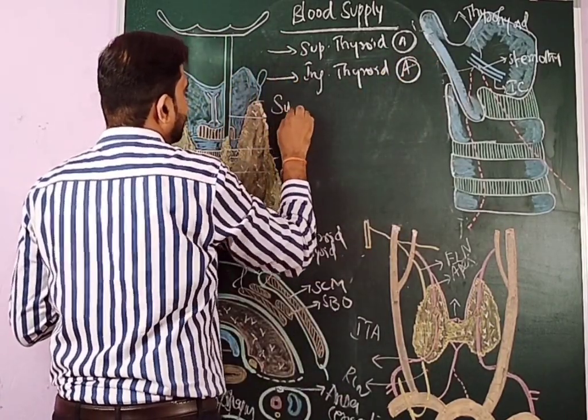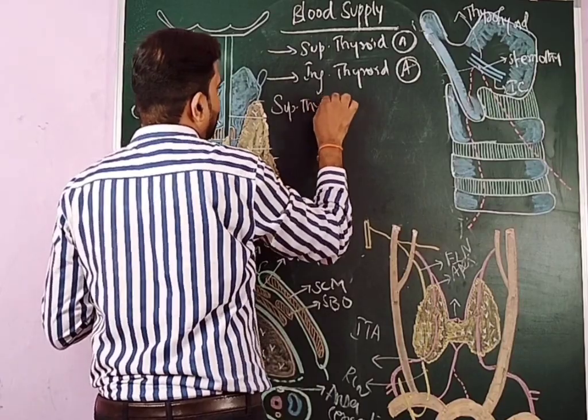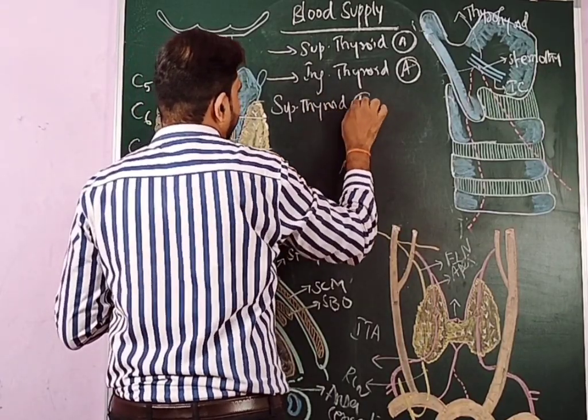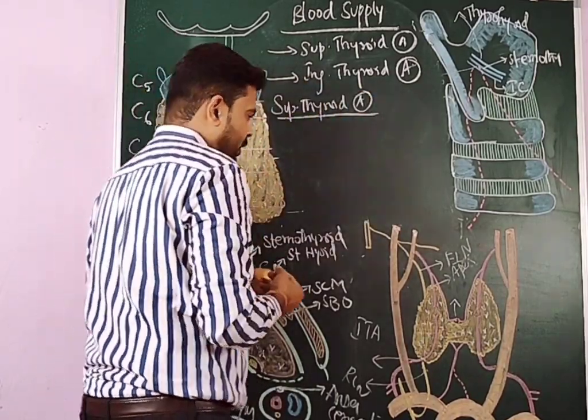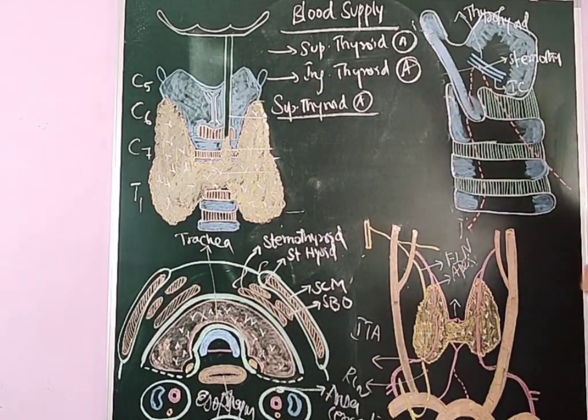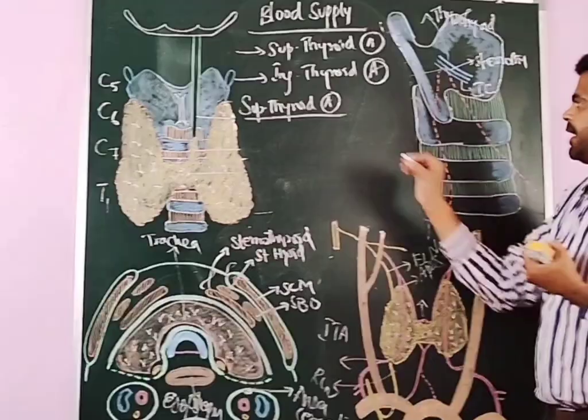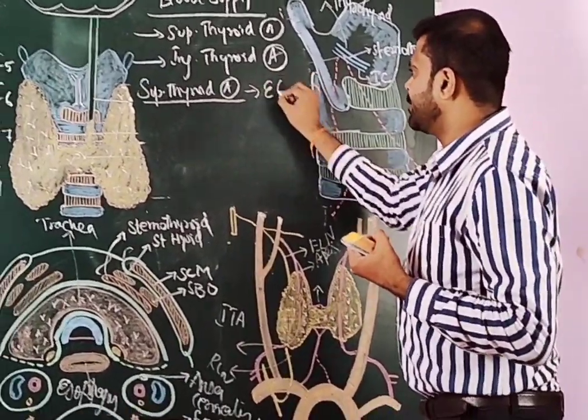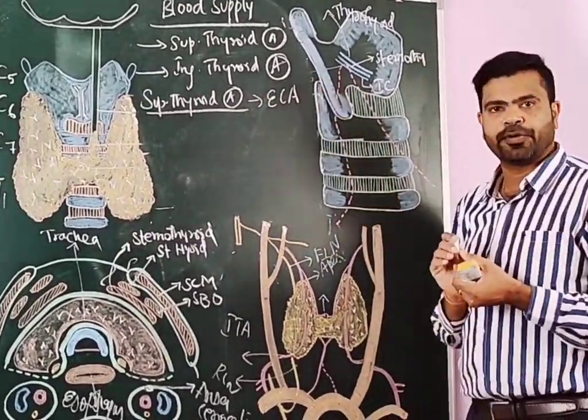First we will describe the superior thyroid artery. Listen to this diagram. This superior thyroid artery is a branch of the external carotid artery.